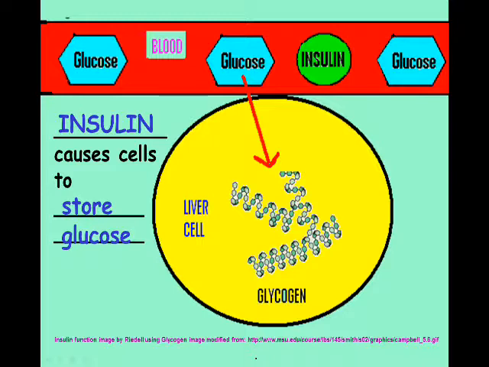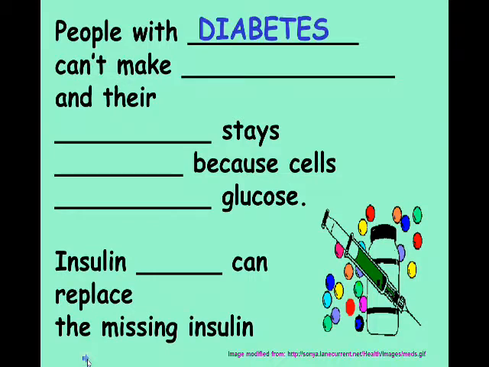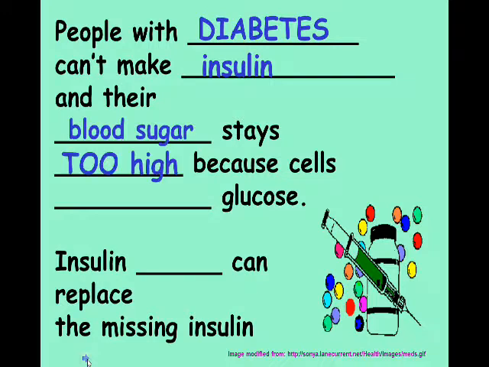Cells have to take in glucose in order to have the food that they need. And insulin is the molecule that allows cells to do that. People who have diabetes don't make the insulin that they need. So if you don't have insulin, the level of sugar in your bloodstream stays very high.